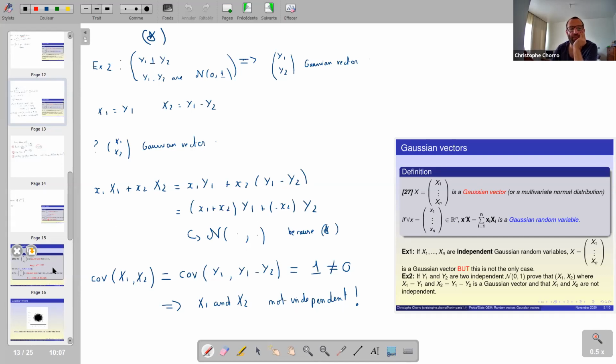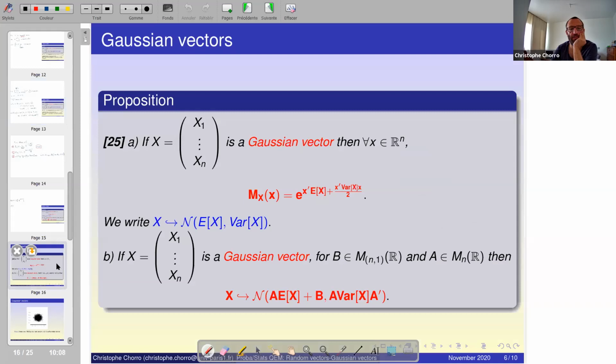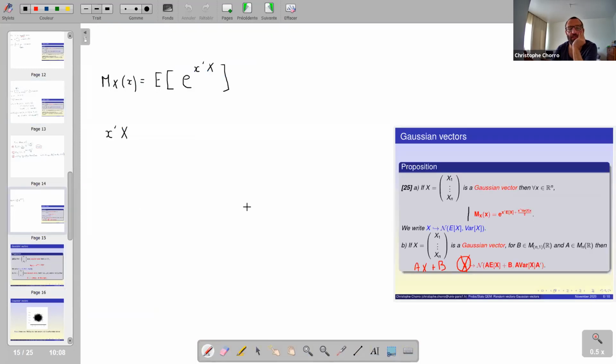So in our situation here, I know that because X is a Gaussian vector, x prime X follows a Gaussian distribution, for sure.